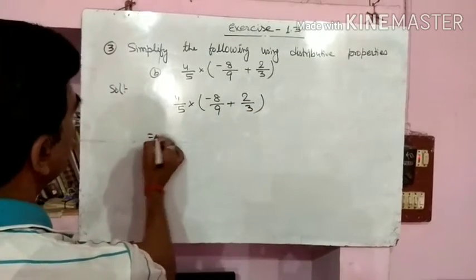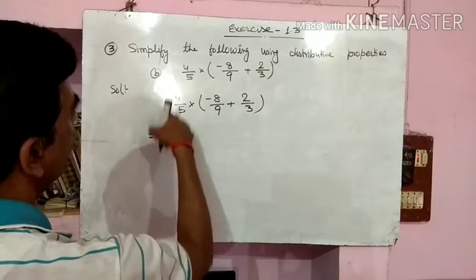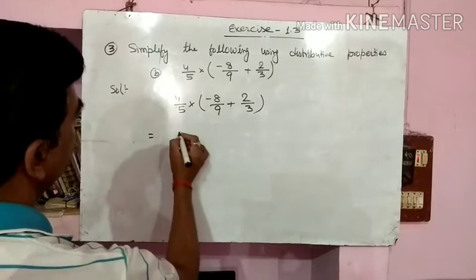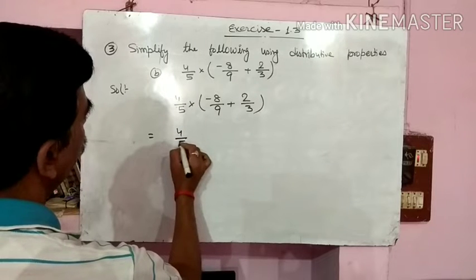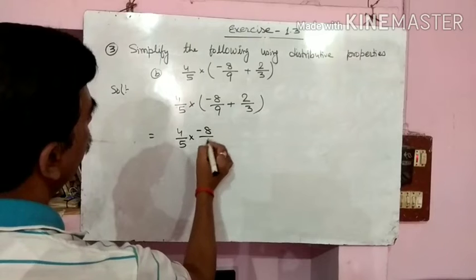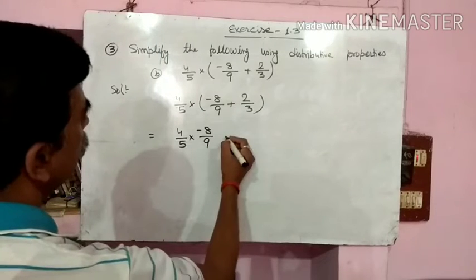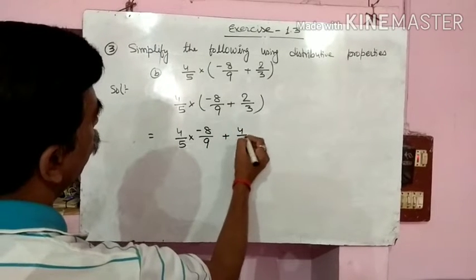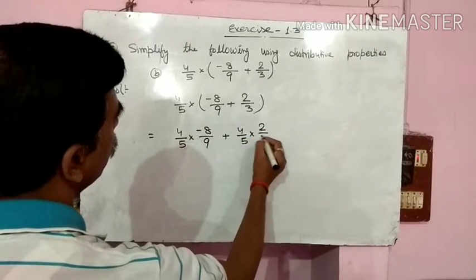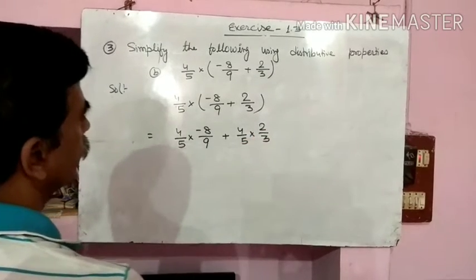As we discussed, this 4 by 5 first of all multiplies with minus 8 by 9. So it becomes 4 by 5 into minus 8 by 9 plus 4 by 5 into 2 by 3.